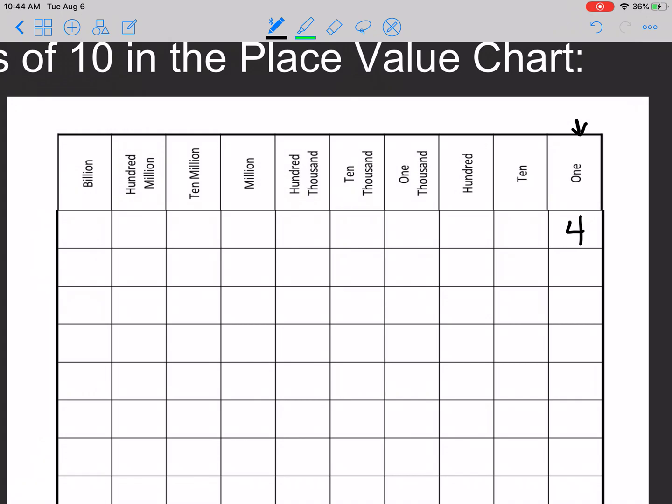Now, as I move through the place value chart, when I move from the ones place to the tens place, I'm multiplying by 10. So if I take that 4 and I multiply it by 10, now I have 40.